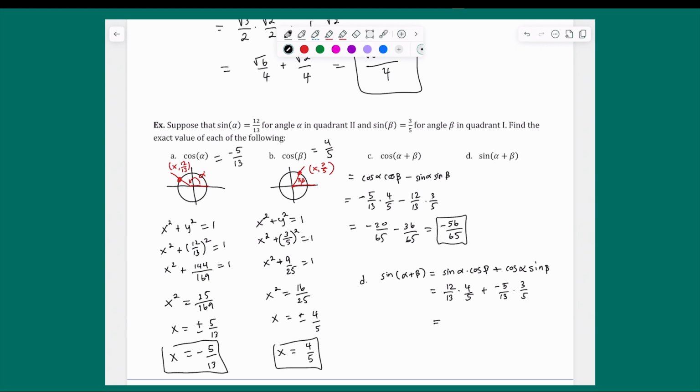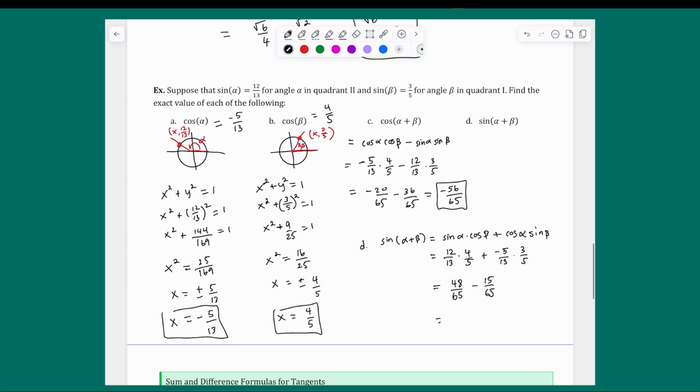So we got positive 48 over 65 minus 15 over 65. And so we're going to get 33 over 65. So 33 over 65 is sine of alpha plus beta.